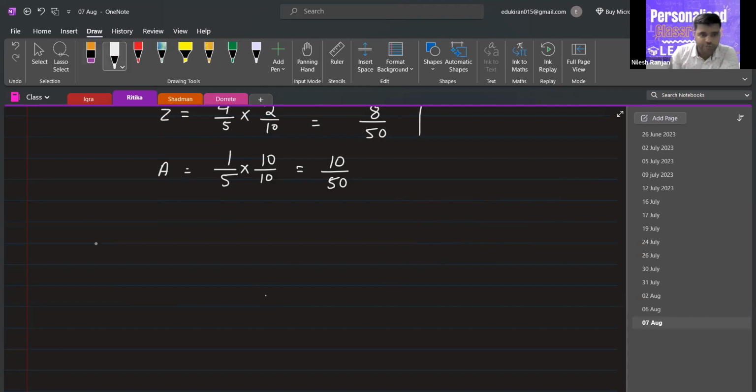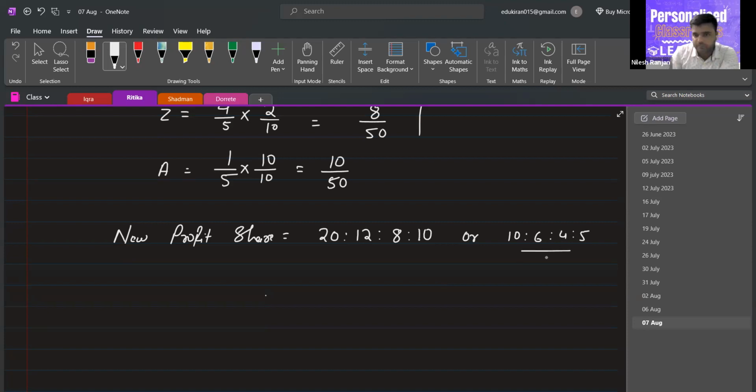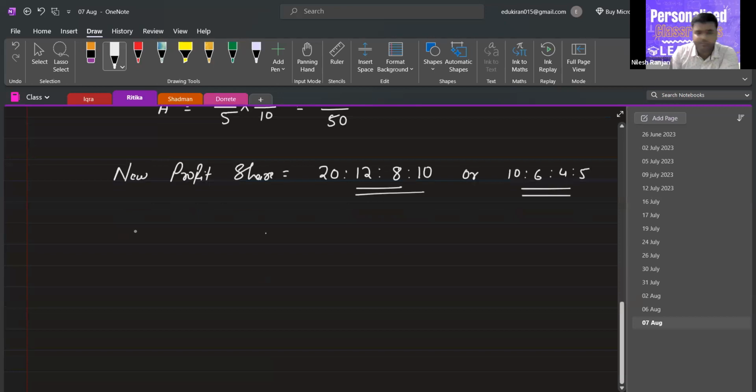The new profit share is 20, 12, 8, and 10, or 10, 6, 4, 5. Okay, so now sacrificing.